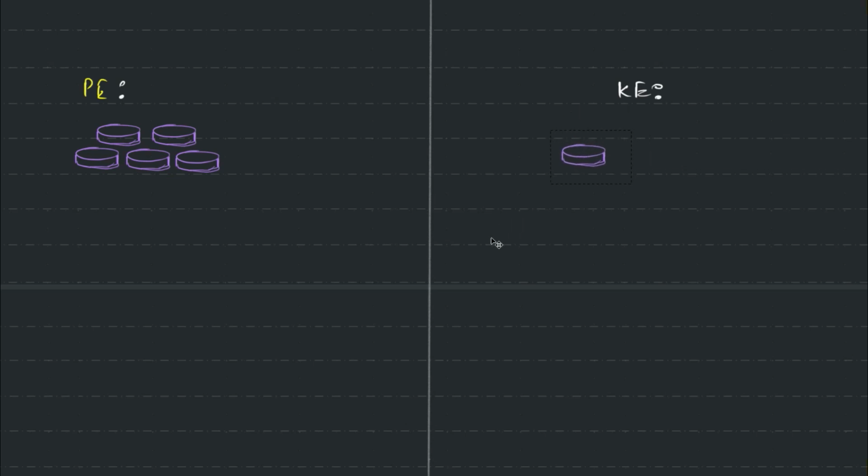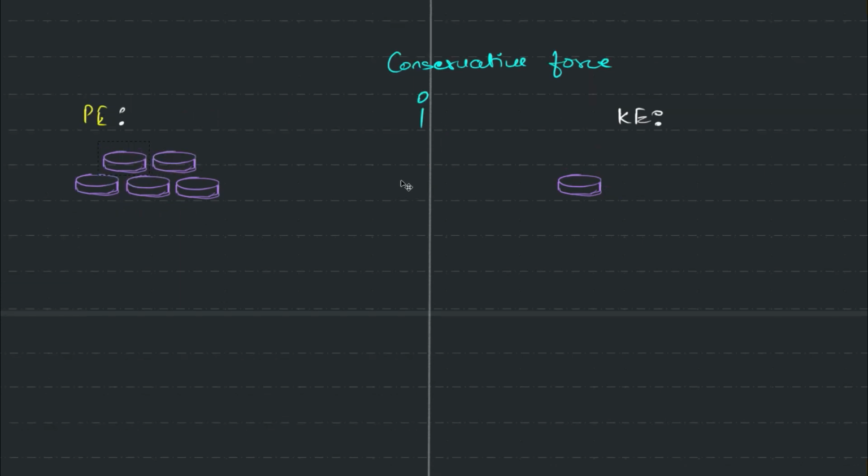It might be something like this. The relation between the potential energy and the kinetic energy is governed by a middle guy over here, and that is your conservative force. How the potential energy changes to kinetic energy, how the kinetic energy changes to potential energy, and the movement of the energy, all of this is governed by conservative force.